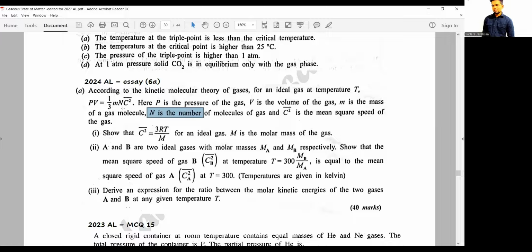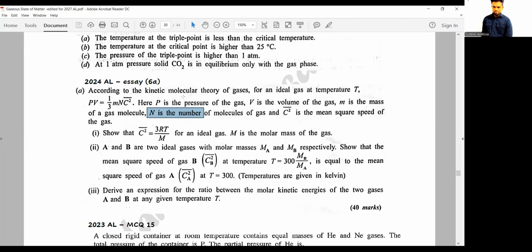So from the product of small m and capital N, you will get the mass of N number of gas molecules, so that means the total mass. You can write small m into capital N equal total mass.